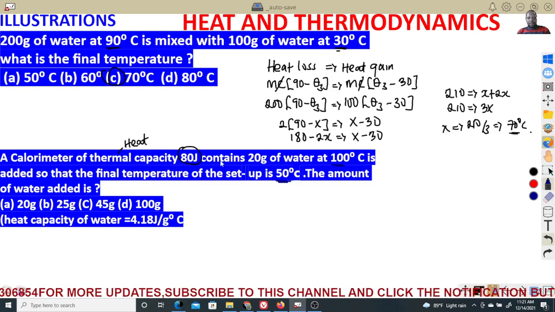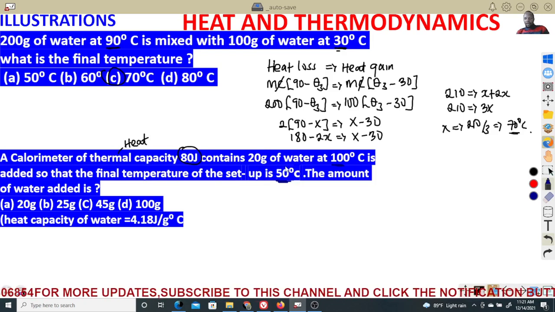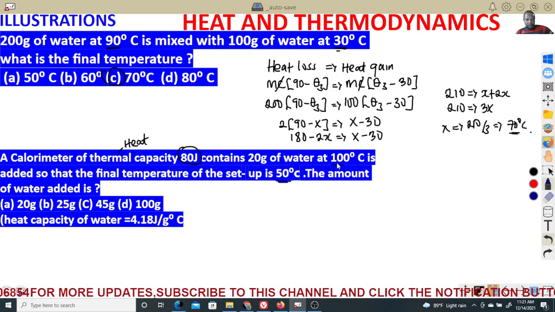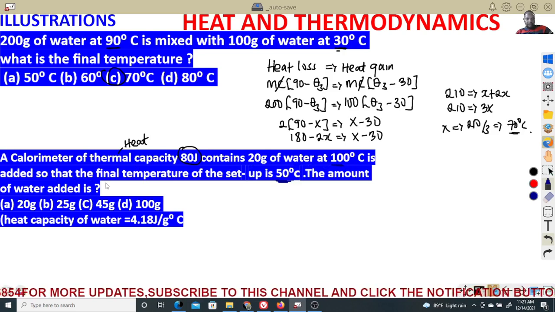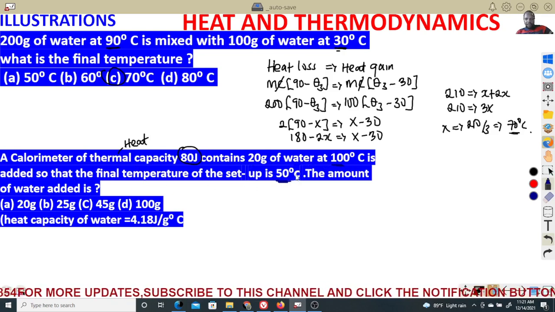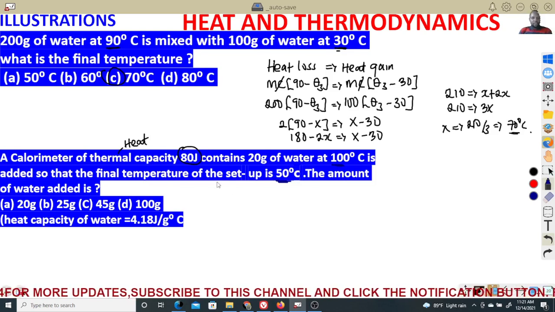The calorimeter of this thermal capacity, with water at 100 degrees Celsius, is added so that the final temperature of the setup is 50 degrees Celsius. So the amount of water that is added is blank. I think this question is not complete, but we can do it.